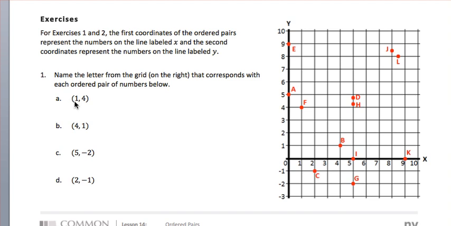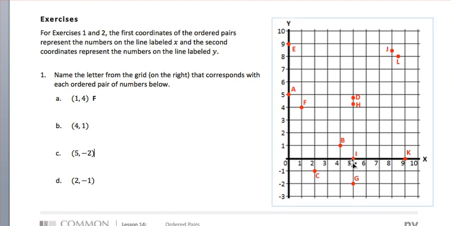1a, the location of 1, 4, we start at 0. And we go across first to 1, and then up to 4. So the point at that location is F. In our next one, 4, 1, again we start at 0.